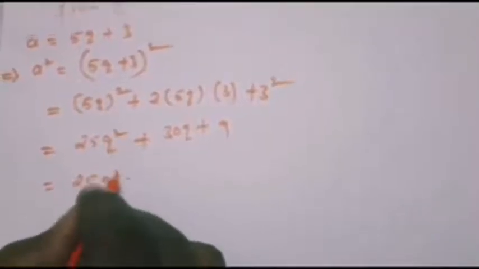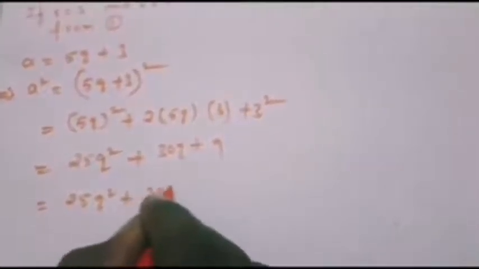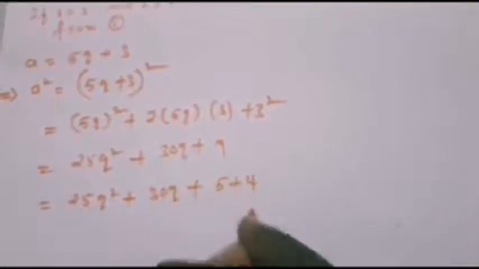Let me take one more step: 25q square plus 30q plus 5 plus 4.